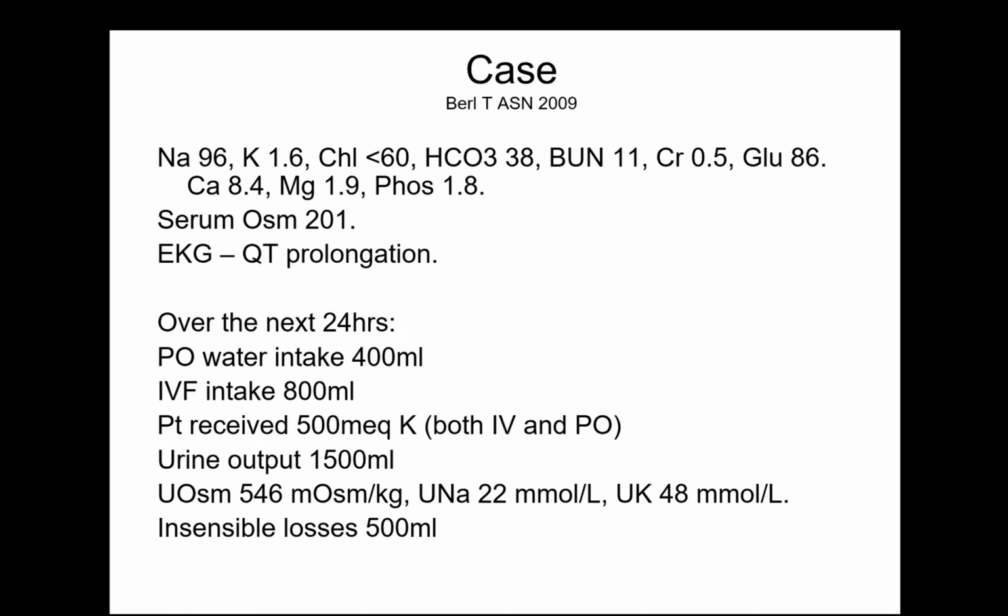That's usually how we give our potassium. So she got 8 runs of IV potassium, 10 milliequivalents per 100 cc's, and the rest PO. So I think the patient got 500 milliequivalents of potassium, and she put out 72 milliequivalents of potassium in the urine. So that's around 428 of extra potassium that's in the body now.